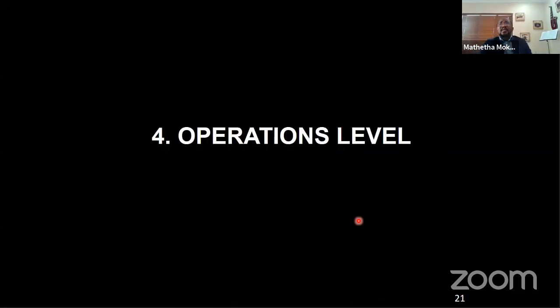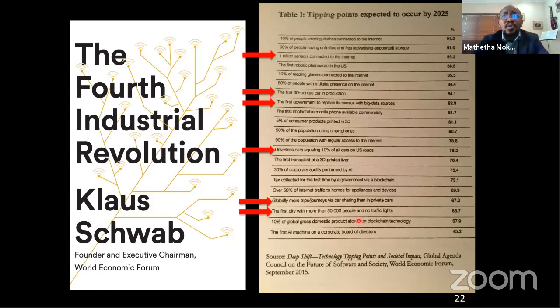At operations level, in this book, The Fourth Industrial Revolution, a popular book, there are predictions like, by 2025, 1 trillion sensors will be connected to the internet.